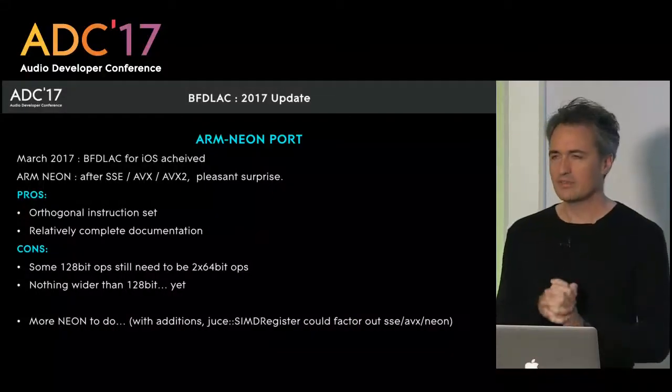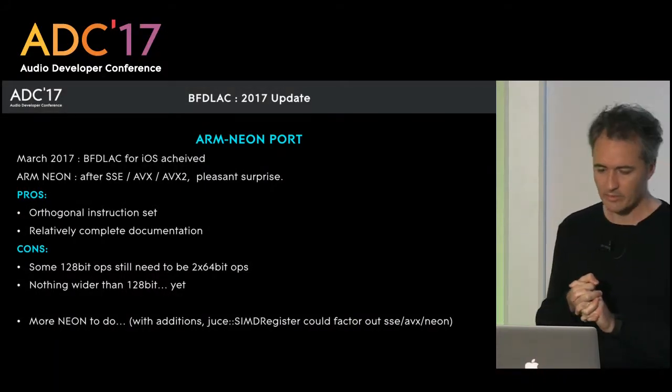For anybody who is looking at porting their wonderful SIMD optimized or their SSE AVX optimized code over to Neon and hasn't faced it yet, you're in for a treat. When you go to look at the ARM documentation for Neon, it is a delight if you've been suffering SSE and AVX on Intel's website for many years.